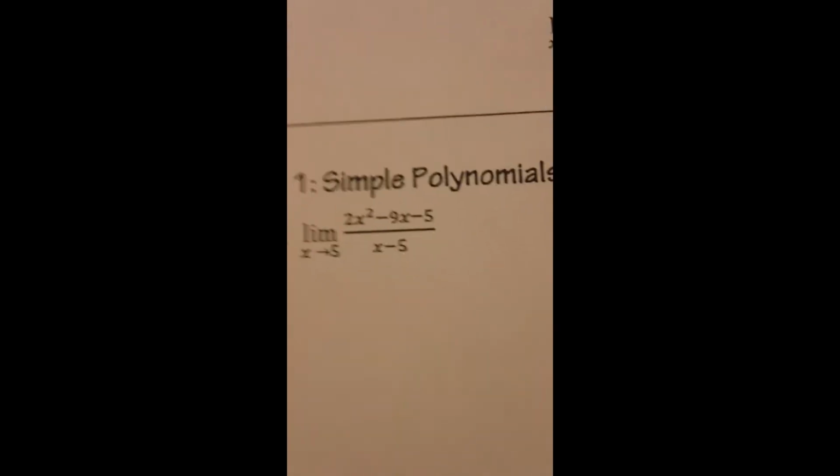Well, our f of x function is 2x squared minus 9x minus 5. Our g of x function is x minus 5.